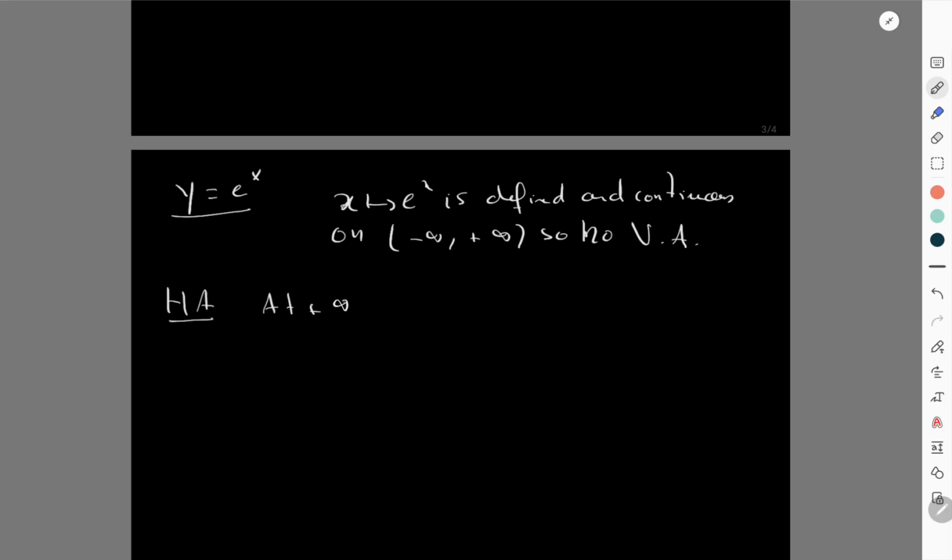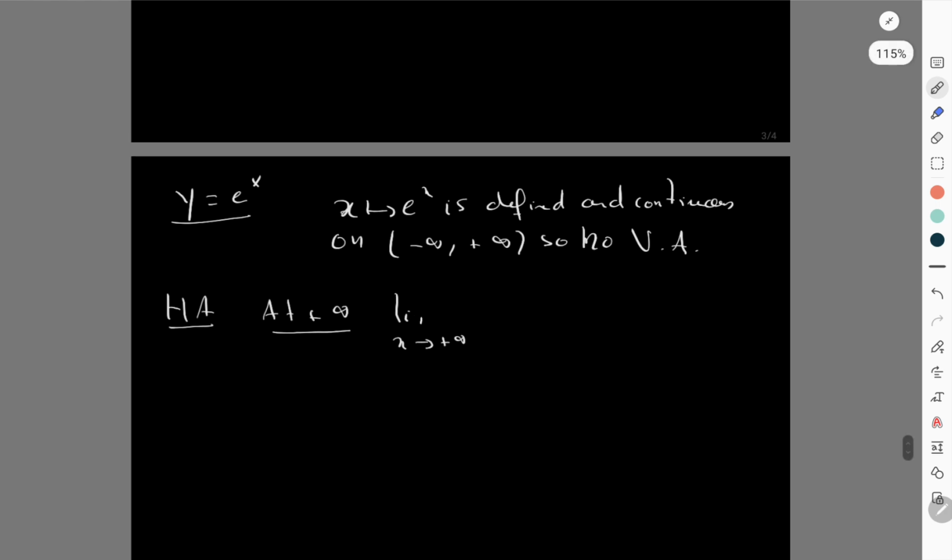At plus infinity, I have to look at the limit as x goes to plus infinity of e to the x, which is plus infinity. So there is no horizontal asymptote at plus infinity. Now I have to evaluate the limit at minus infinity. Well, this is clear.